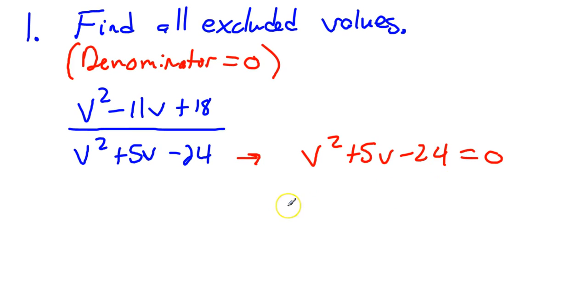And for this one, you're looking for the factors of negative 24 where the sum would equal positive 5. And if you check it, that should be a positive 8 and a negative 3.